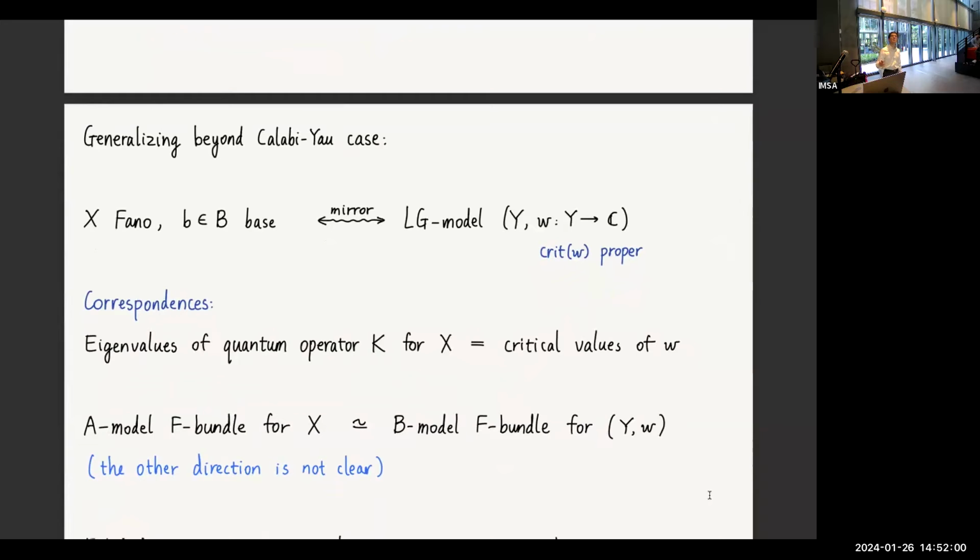And then we have correspondences between the eigenvalues of the quantum operator K for X and the critical values of W. And we also get the equivalence between the F bundles. So we have the A model F bundle for X is equivalent to the B model F bundle of (Y, W). I don't know how to do the other direction.